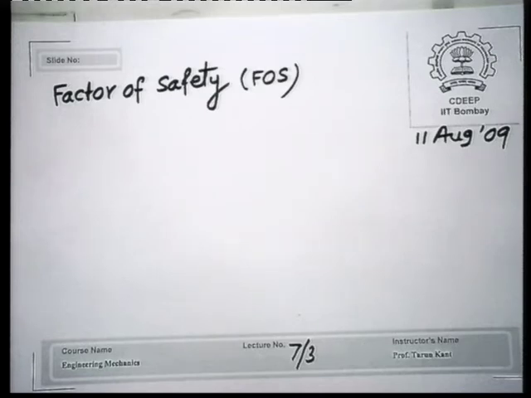So then, what did I say? What is factor of safety?